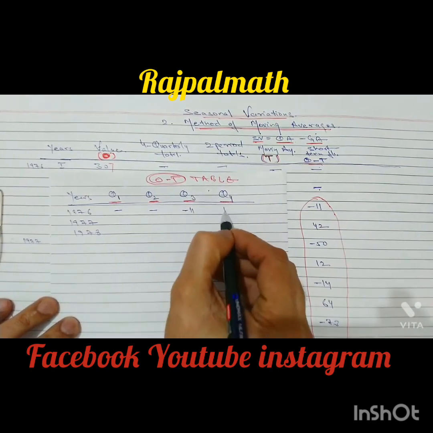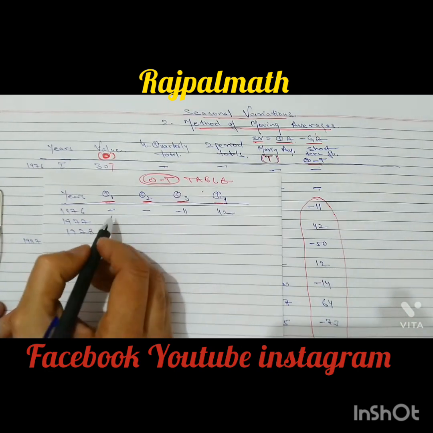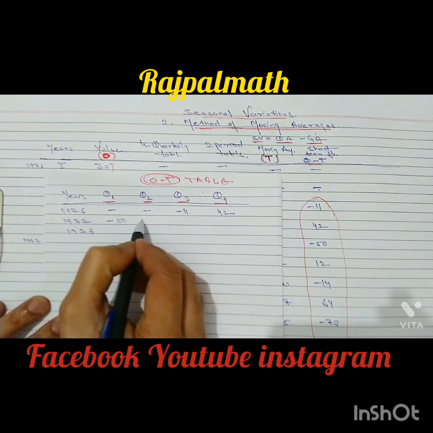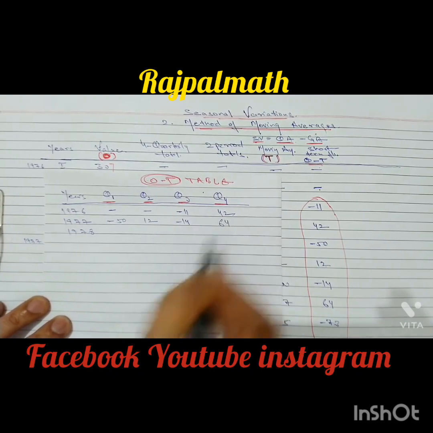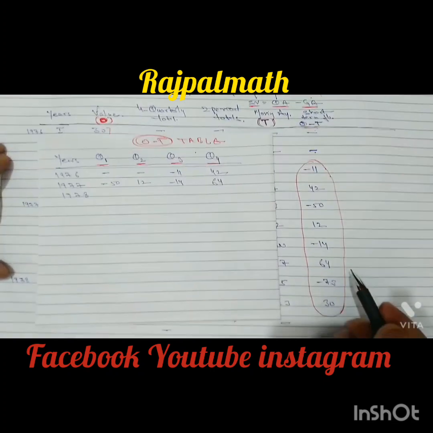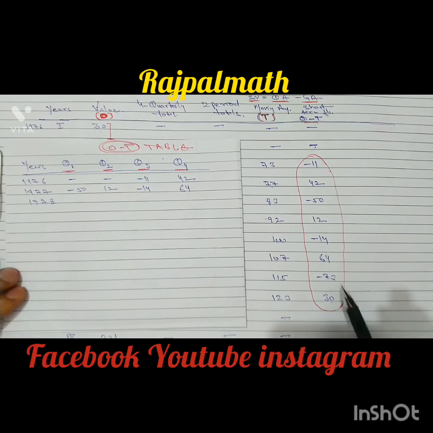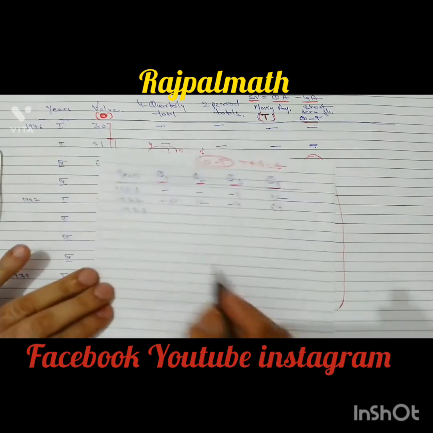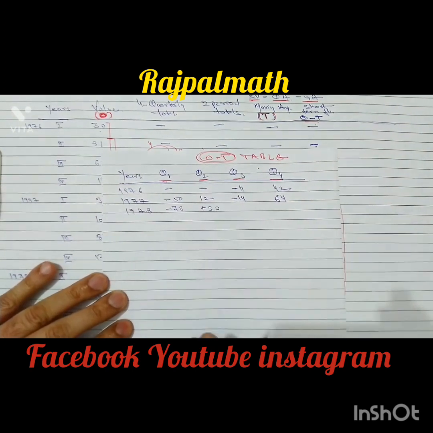For next, minus 50, 12, minus 14, 64. For next, minus 73 and plus 30, right over here.